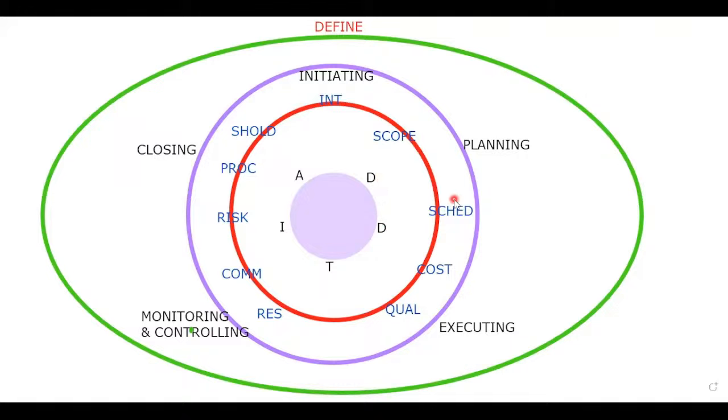It could be a schedule-related planning testing problem. Or it could be a communications problem that is happening in development. And it's tied to executing. Do you see the multiple layers of thought? And that's why you always need to define what is the problem.